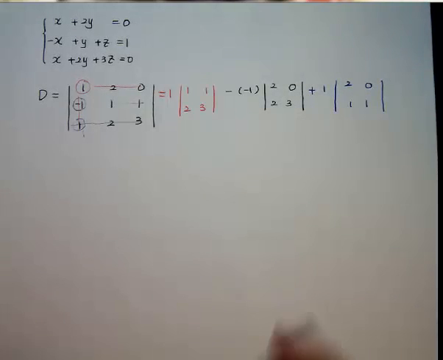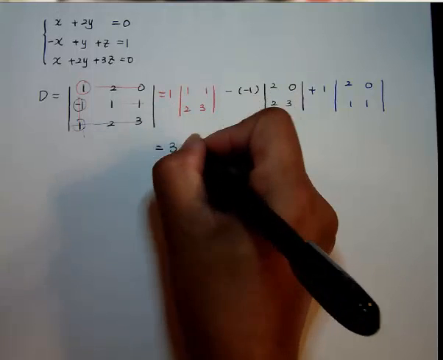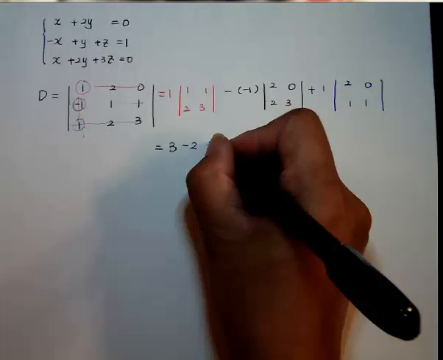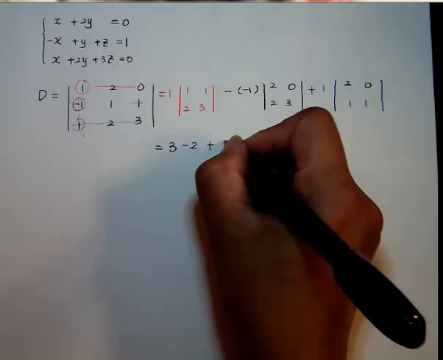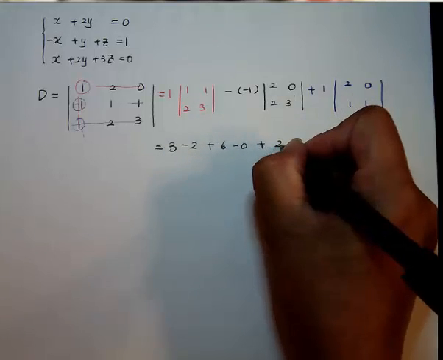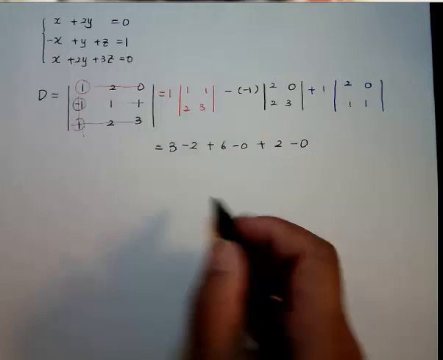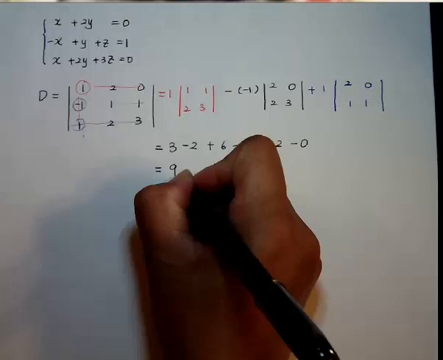Simplify this. That will give us 1 times 3, that's 3, minus 2, plus 2 times 3, that is 6, minus 0, plus 2 times 1 is 2, minus 0. Right? So that will give us 9 as the determinant.